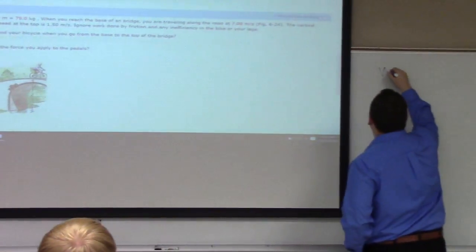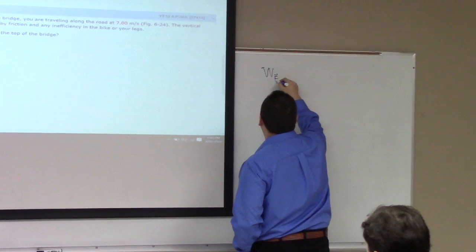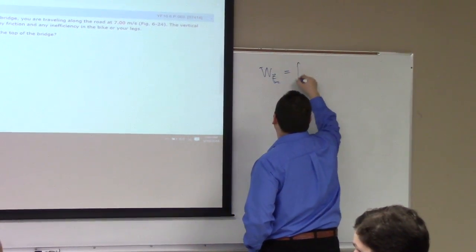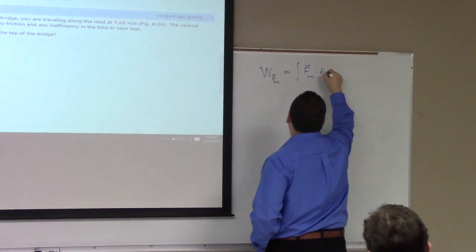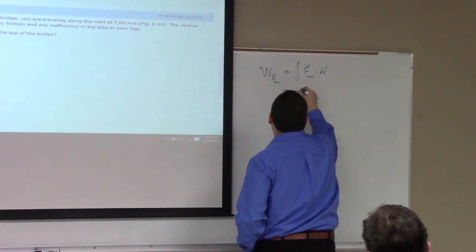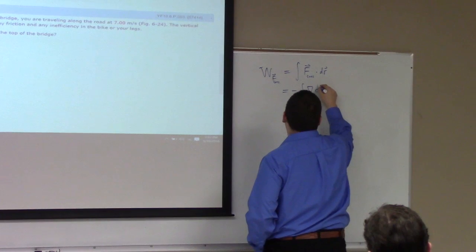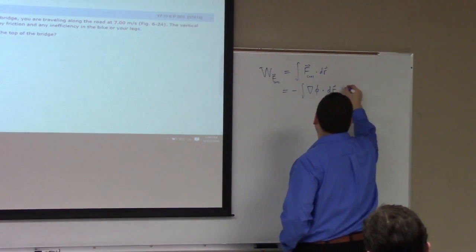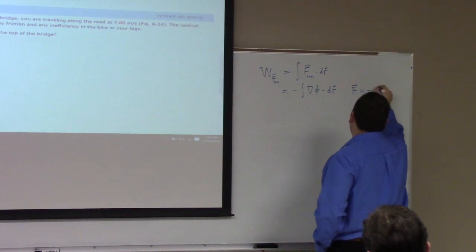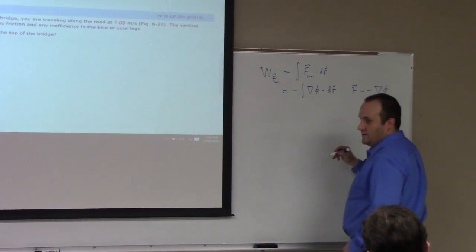The work done by a conservative force is equal to the integral of the conservative force dot dr, right? But that is minus the integral of the gradient of the potential function, whatever that potential function is, for the conservative force. Now that has to exist, right? If it's conservative, F is equal to minus the gradient of some potential energy function.